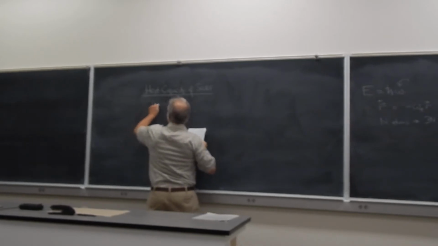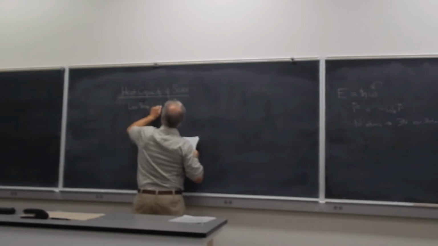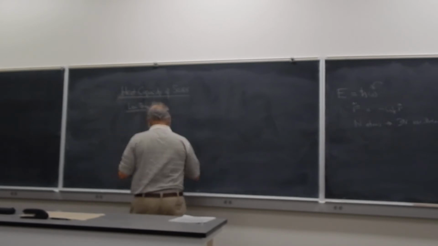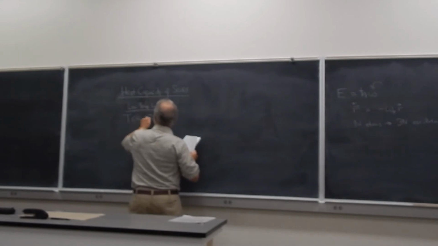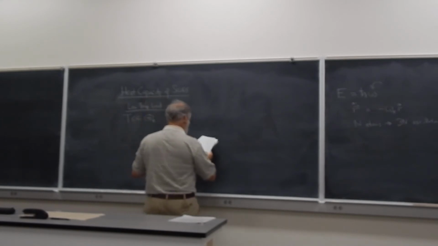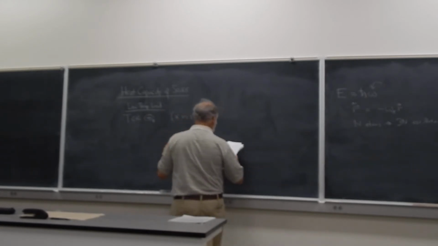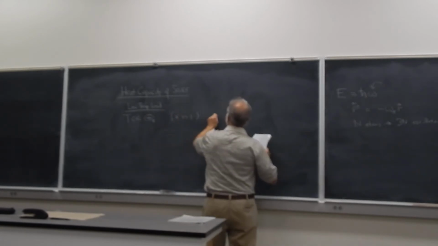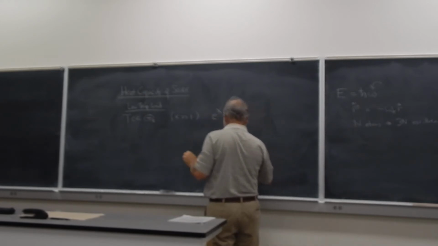Let's look at the low temperature limit. In this case, for temperatures much, much lower than the Einstein temperature, or if you like using the variables x we had before, x is much, much greater than 1. That means e to the x is also much, much greater than 1.